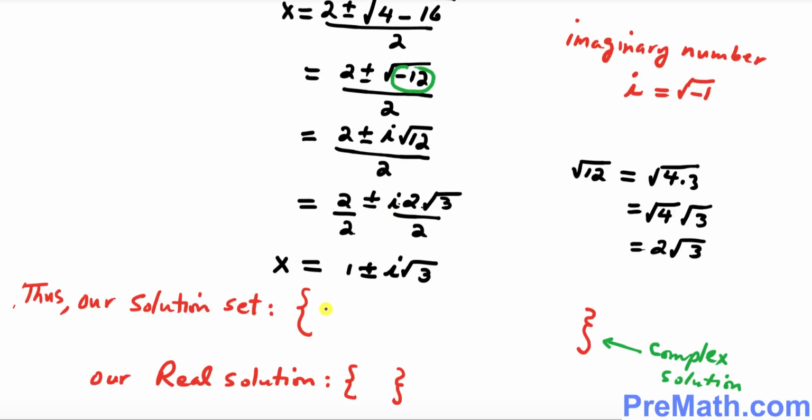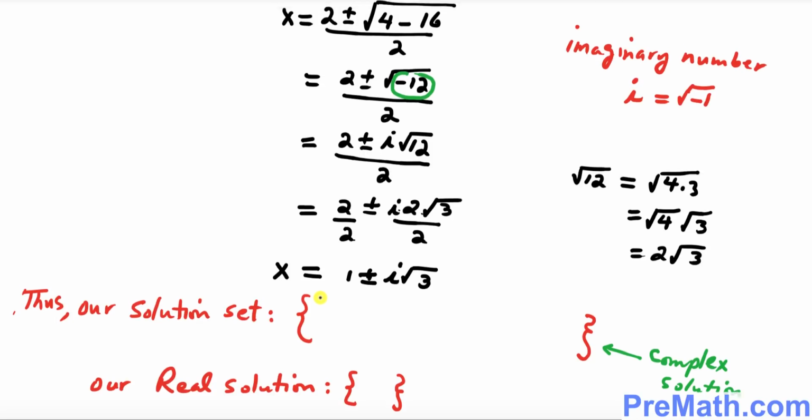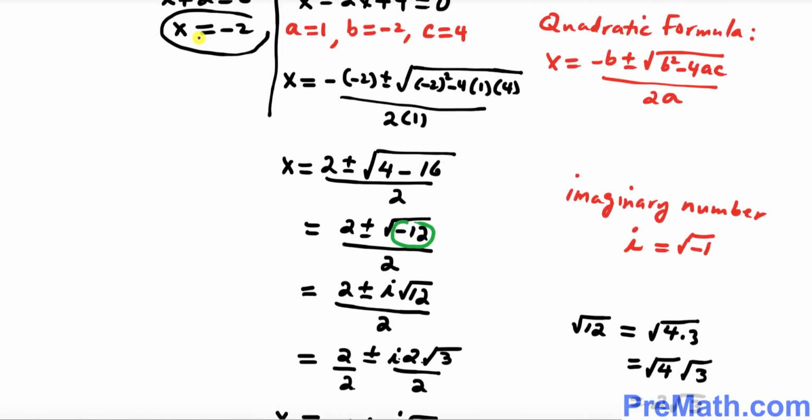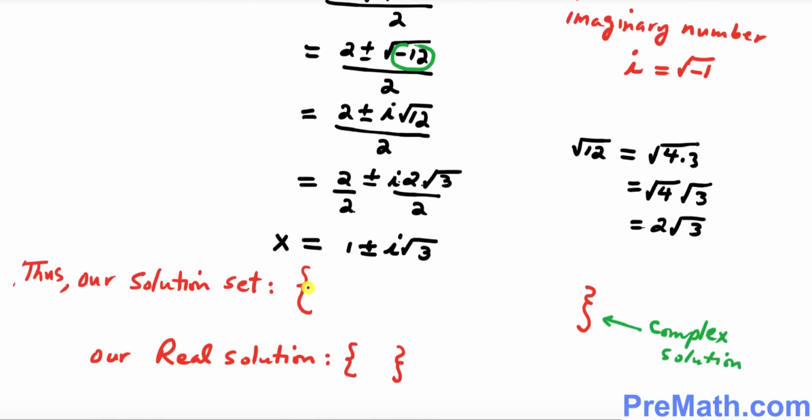So thus our complete solution set is going to be what? We figured out that one of the solutions is x equal to -2 as well. So I'm going to write down -2 first, and then I'm going to write down this one. I'm going to split them along these negative and positive signs. So I can put down 1 plus i square root of 3, and the third solution is 1 minus i square root of 3.